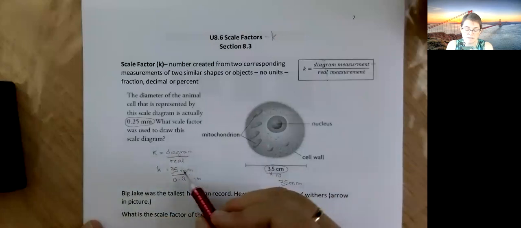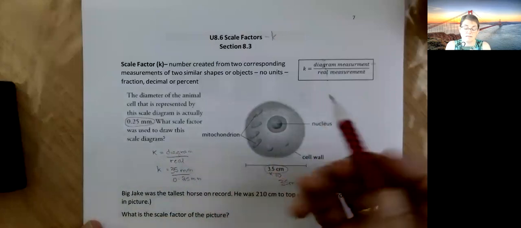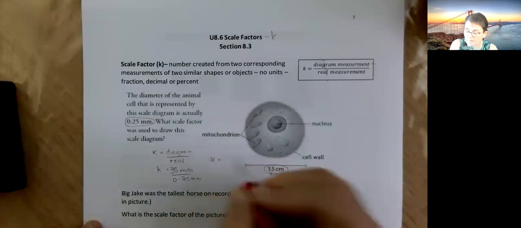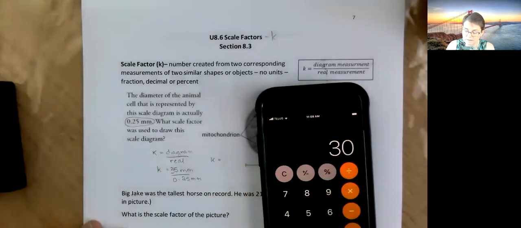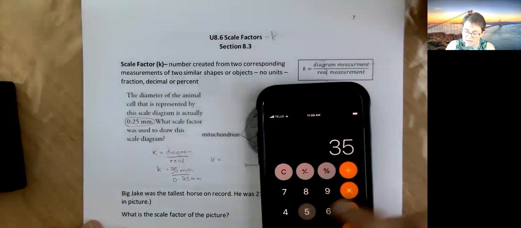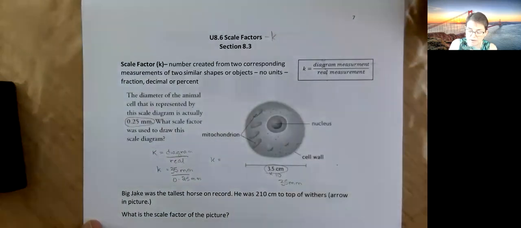Units aren't important because they're going to cancel out anyway, and it says there are no units in it. So k is equal to, I'm hoping it's a big number, 35 divided by 0.25, 140.